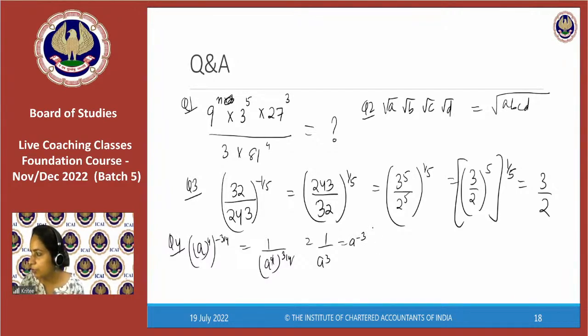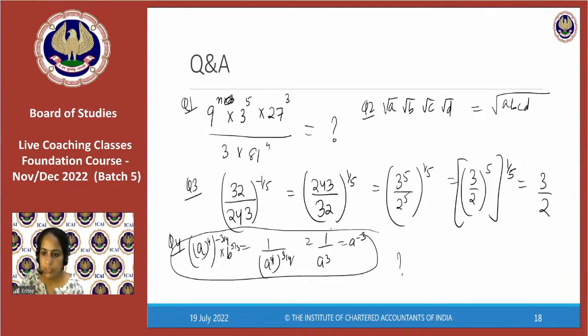Okay, there is something else also, into b raised to power 5/3 whole raised to power minus 3/4. No, the question is still incomplete. Sorry, this question is again redundant. There is some typing issue. So this question and these two questions we cannot take up.